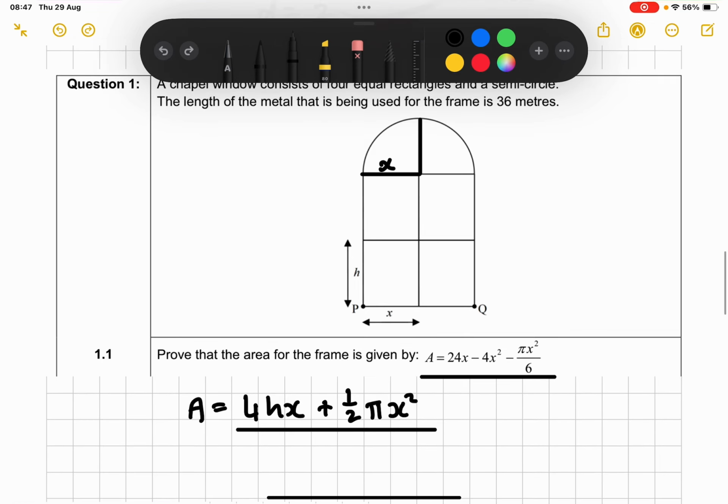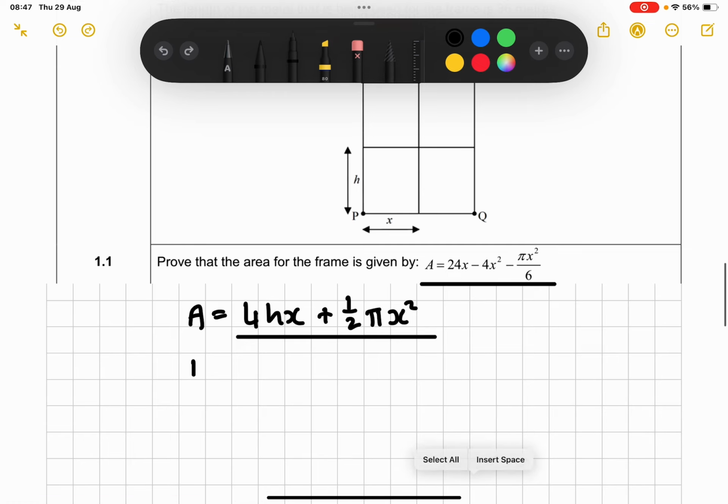They give us essentially the perimeter. So our perimeter is going to be equal to 36, the perimeter of the framing.